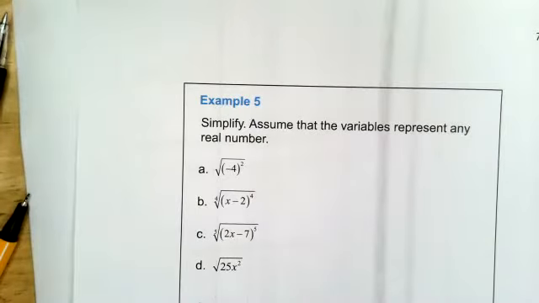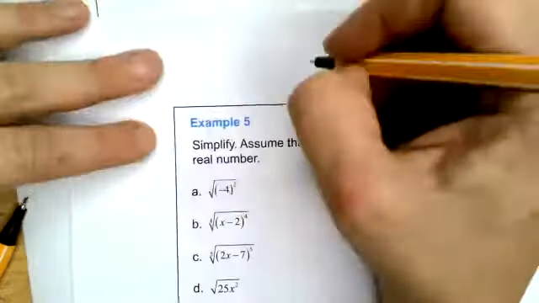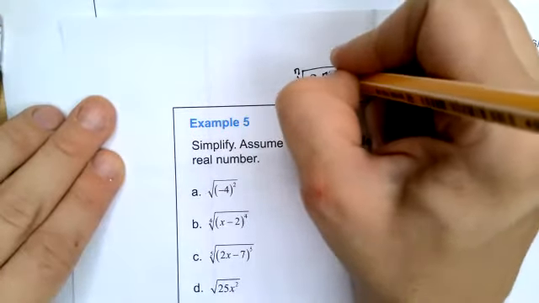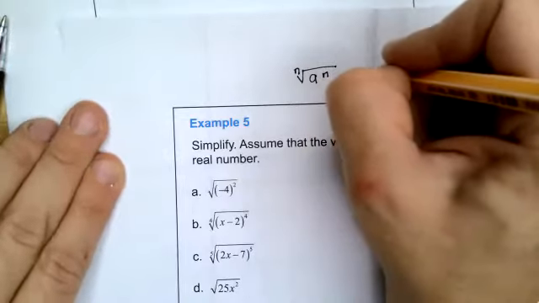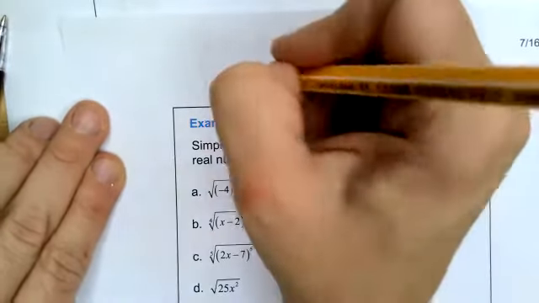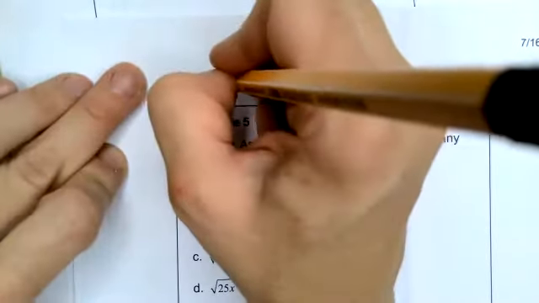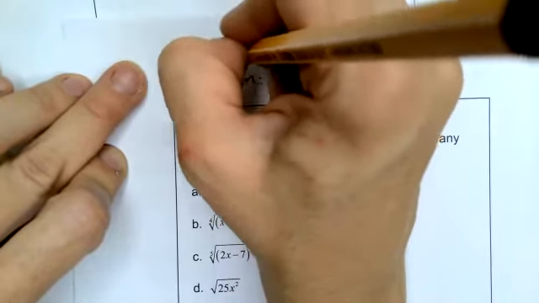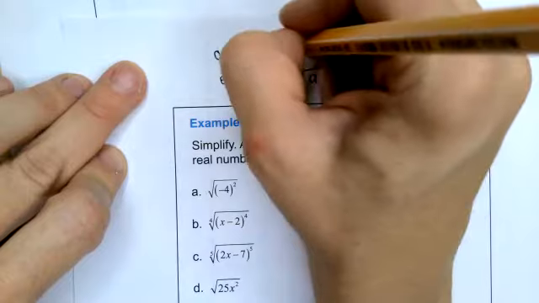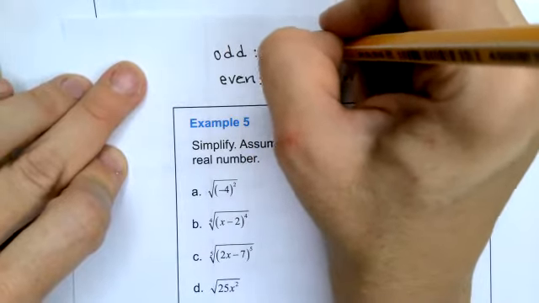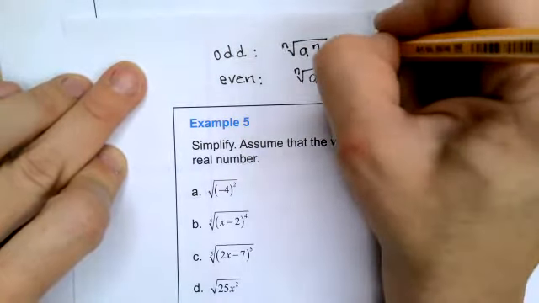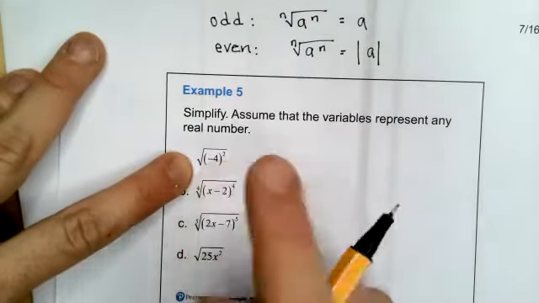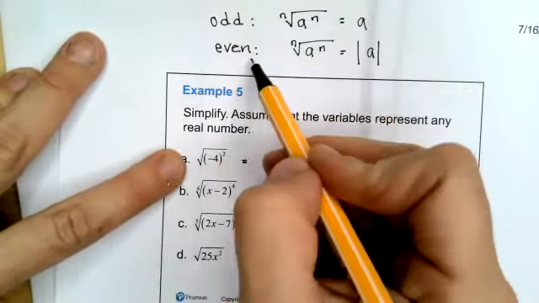Let's practice that rule. Okay, so what the rule is that n, as the root, and the exponent cancel each other out. And this is when n is even. And when n is odd, it's just itself. Okay, so the root of -4 squared is taken to an even root.